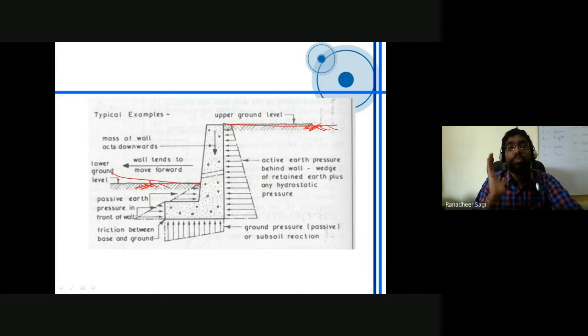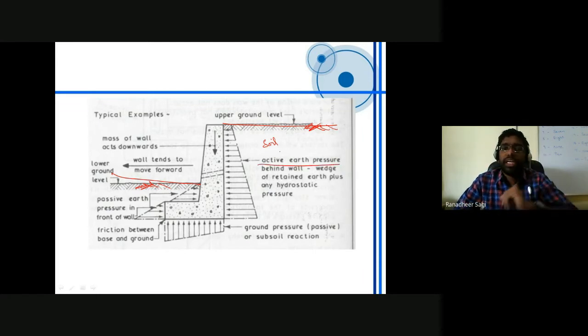In that sense, the pressure exerted by this soil on the higher elevated side would be the active earth pressure, because this soil is trying to push the retaining wall away from its position. So the pressure exerted by this soil on the upper ground side is what is called your active earth pressure.